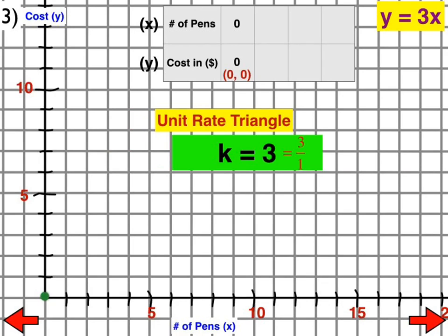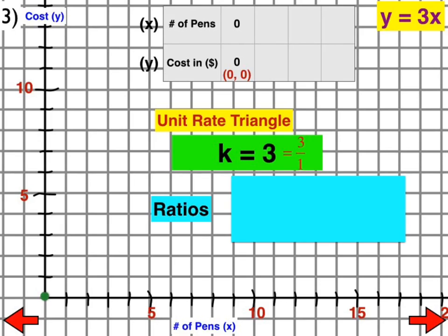All right, so unit rate triangle. Since we know the constant of proportionality is 3, we're going to write that as a fraction, which is 3 over 1. And when we find ratios, we're finding them as y over x. And what that means, in terms of a unit rate triangle, is rise over run.